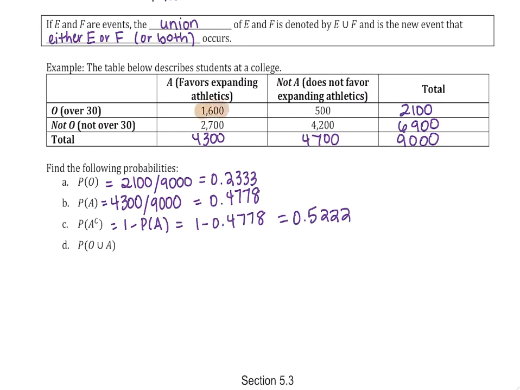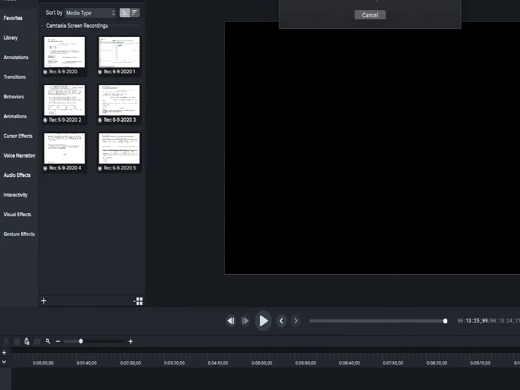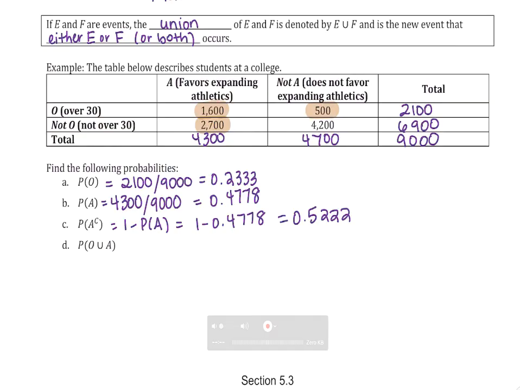So these students, the 1,600 and the 500 students, those are the over 30 students. Now the A group, that's the 1,600 that we've already included, and this additional 2,700. So now we can add up all of these observations.